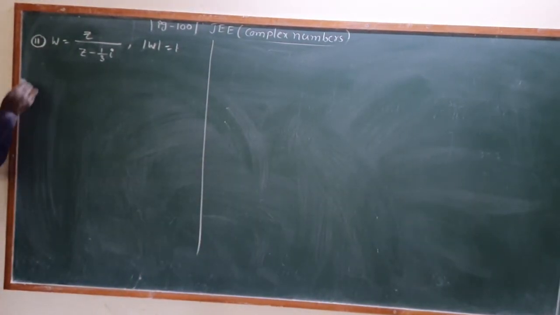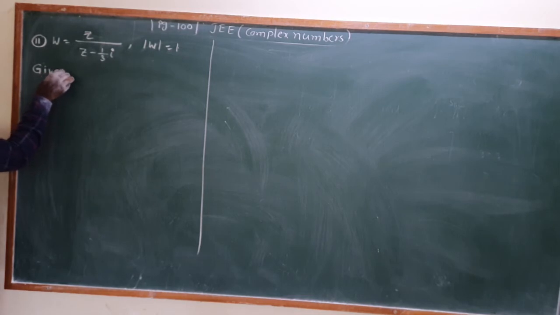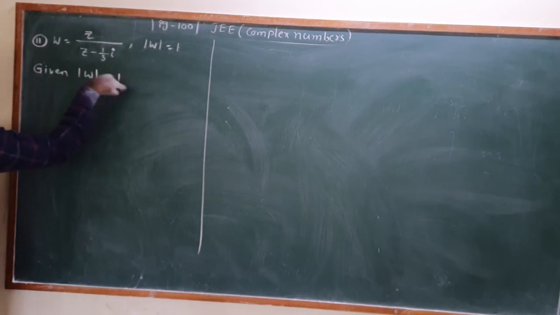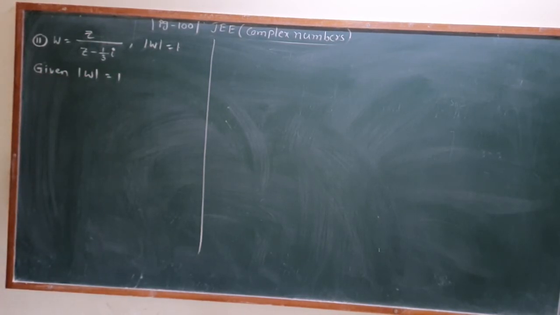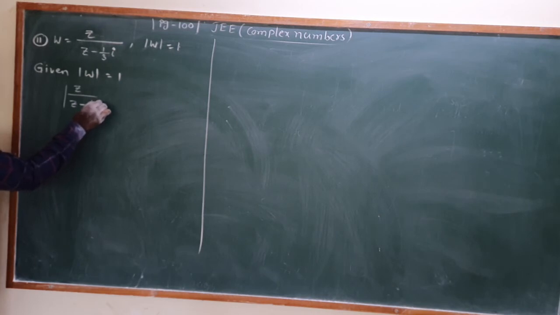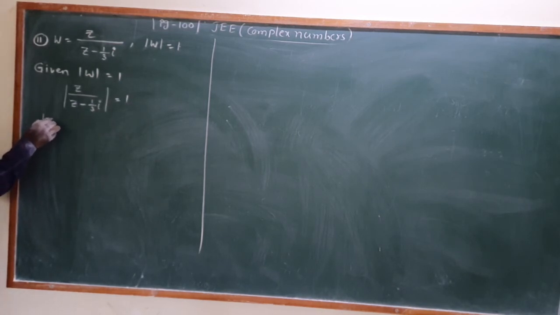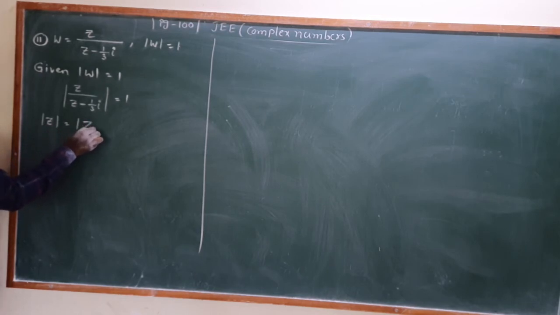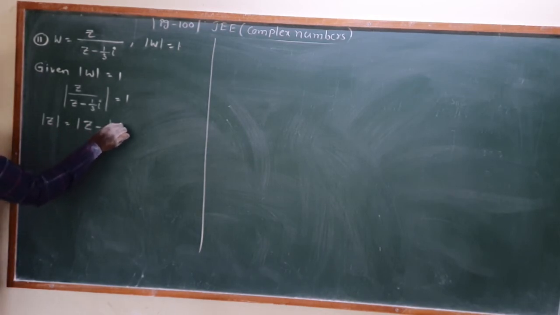Okay. So, the given condition is mod W equals 1. In place of W I can substitute Z by Z minus 1 by 3i, equal to 1. Cross multiply: mod Z is equal to modulus of Z minus 1 by 3i.